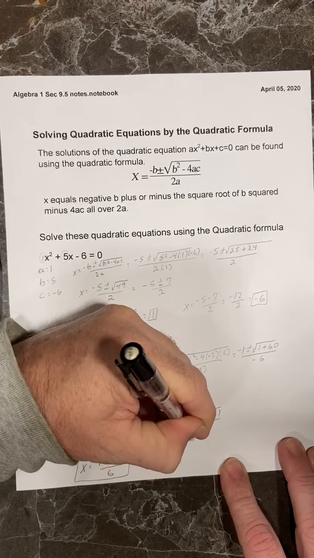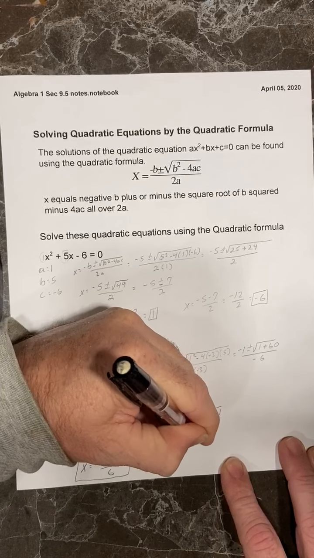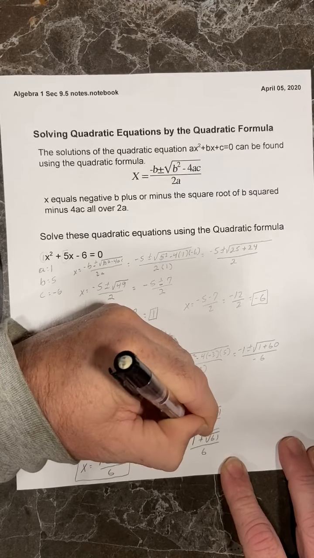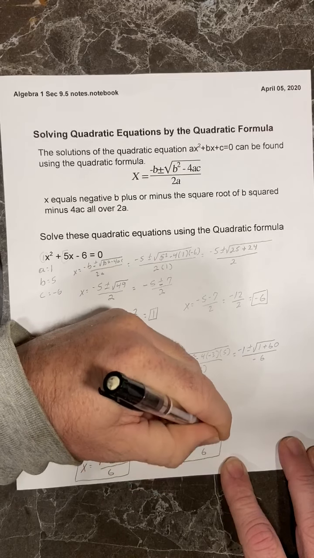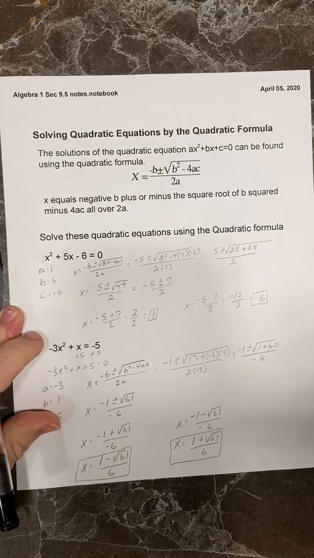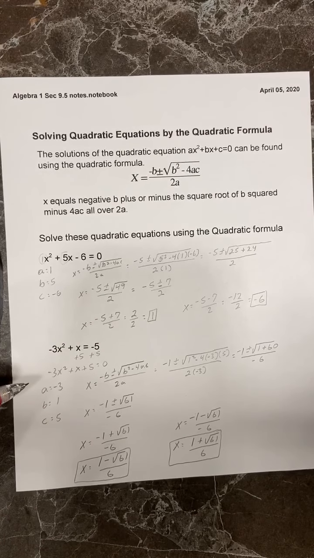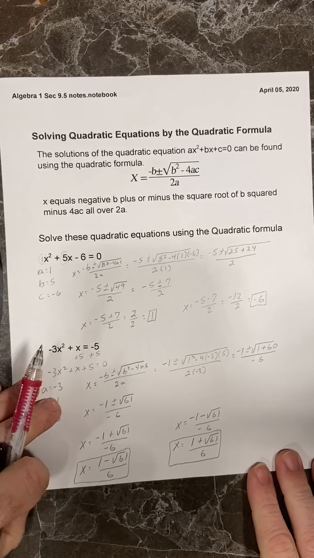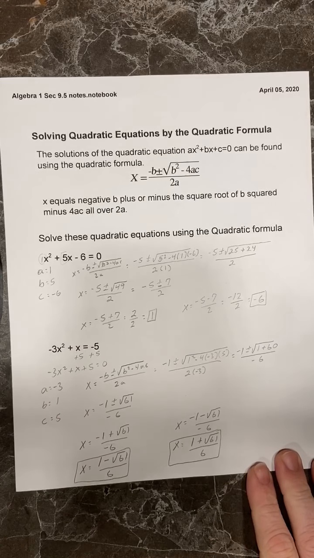So x equals +1 plus the square root of 61 over +6. So there's our two possible solutions there. If you wanted to, you could get the calculator and work through there to get an actual number on that, but in most cases, that would be sufficient. All right, so that is using the quadratic formula.